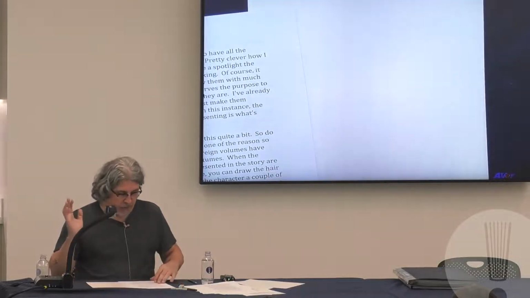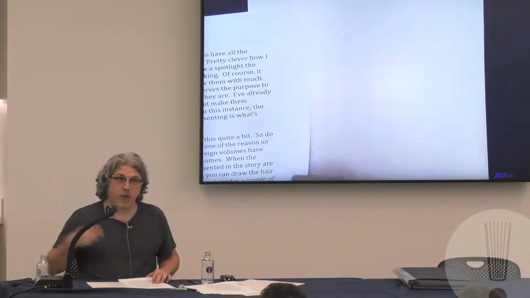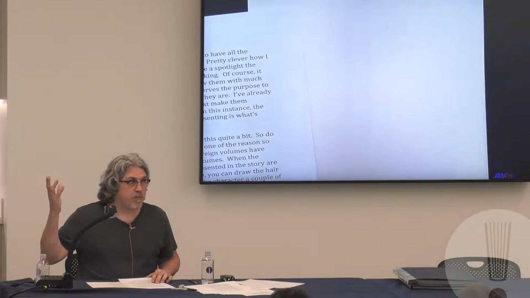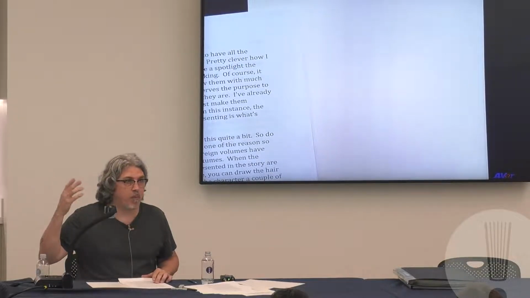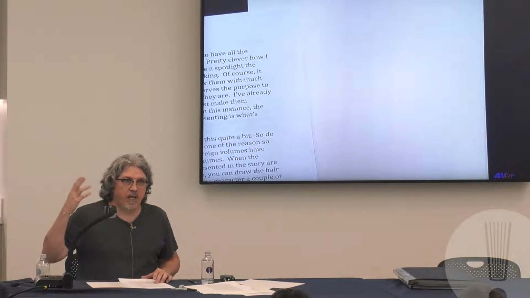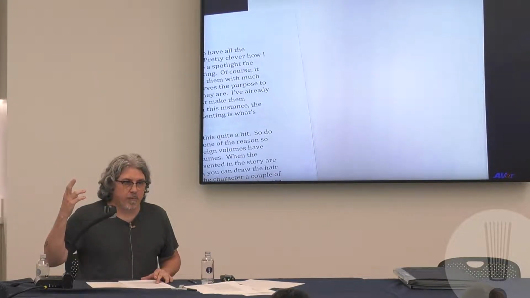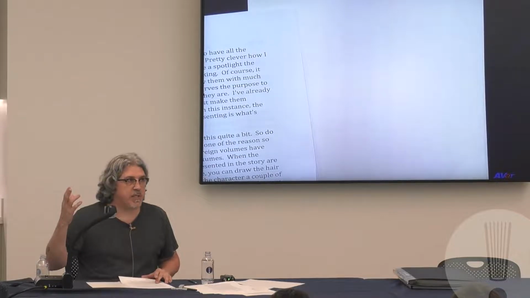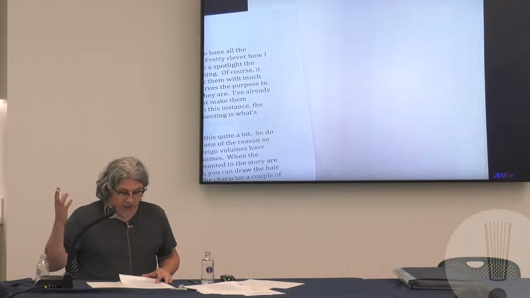Again, the Japanese do this quite a bit. So do actually the Europeans. There's some great European cartoonists you guys should check out if you don't know them. Moebius, of course, Philippe Druillet, Tardi is fantastic. They've been printing a lot of his stuff in English again recently.